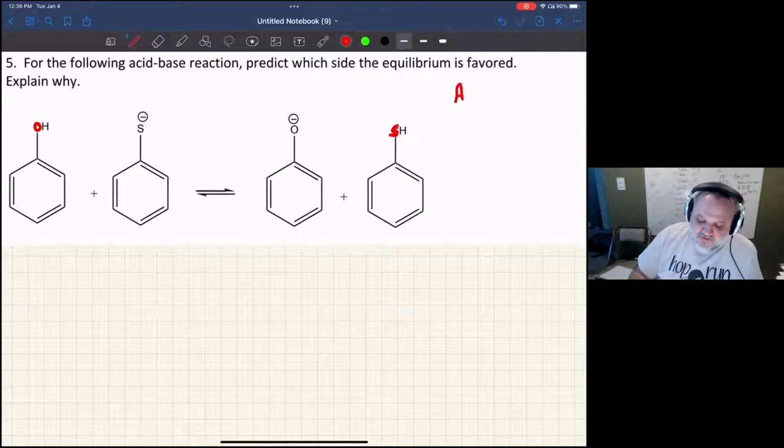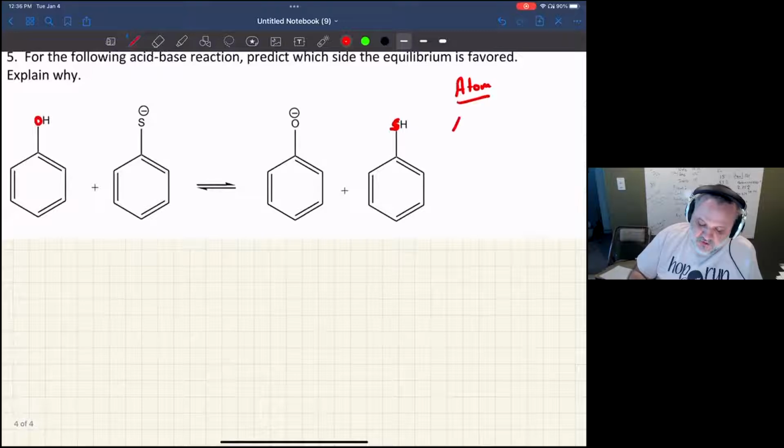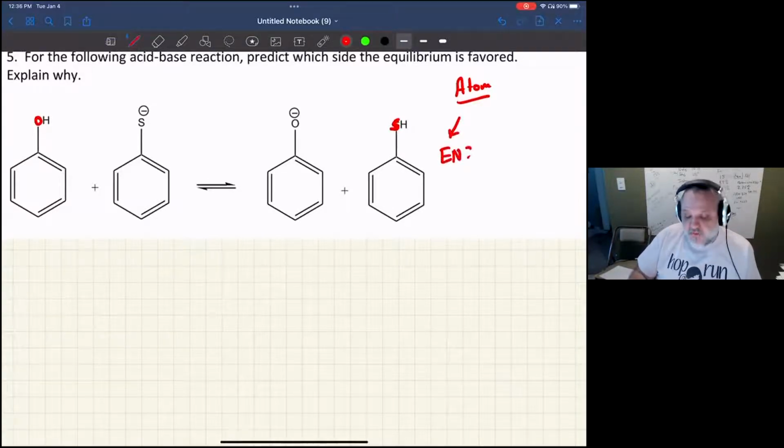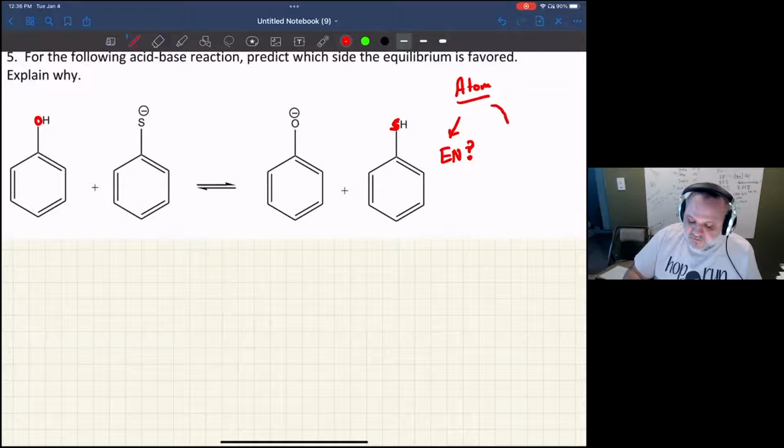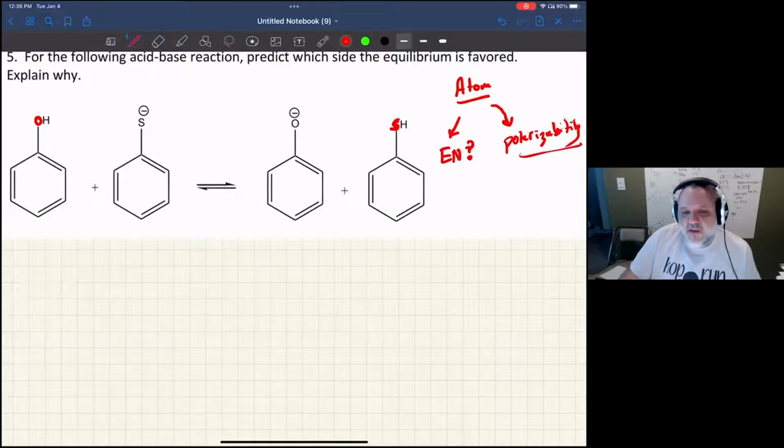Now, this is a little bit more sophisticated of a consideration when it comes to atom. Usually we think about the electronegativity. We generally say the more electronegative an atom is, the better it is going to be at stabilizing a negative charge. But there's really other considerations to make, and that's really polarizability. Electronegativity only works when we're talking about atoms that are on the same row.